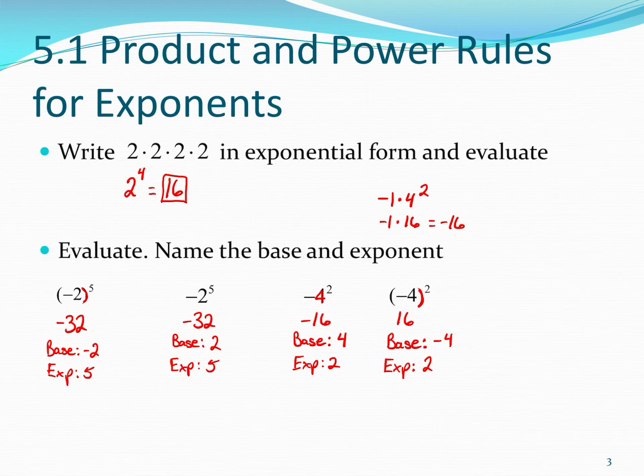Now, I have people ask all the time, well, why are both of those negative 32? Well, it all depends on the exponent. On the first two, the exponent being 5 is an odd number. And if you were to take 5 negatives and multiply them together, so let me draw a little illustration here. So let's say we have 5 negatives. Well, if you multiply 2 negatives together, you get a positive.